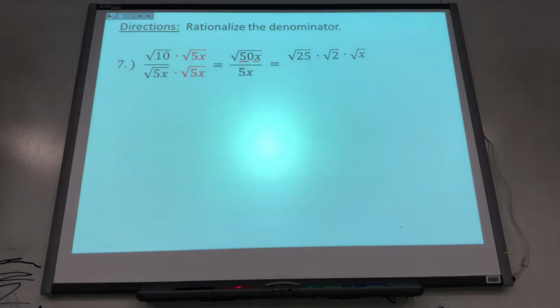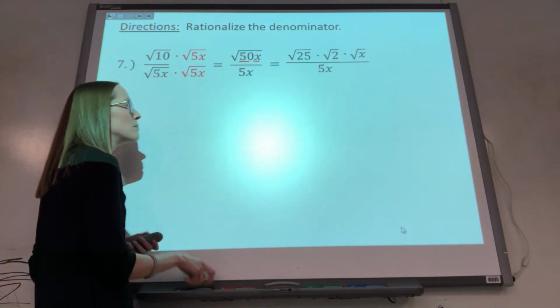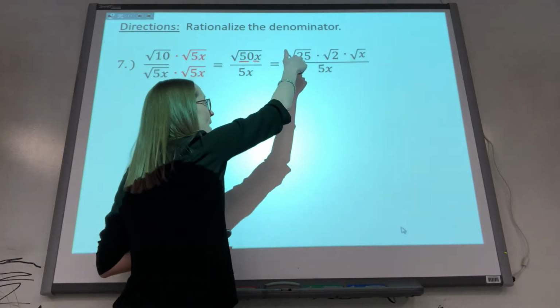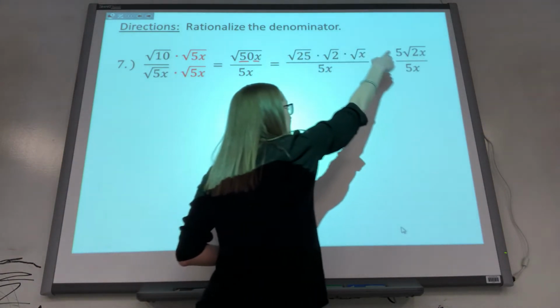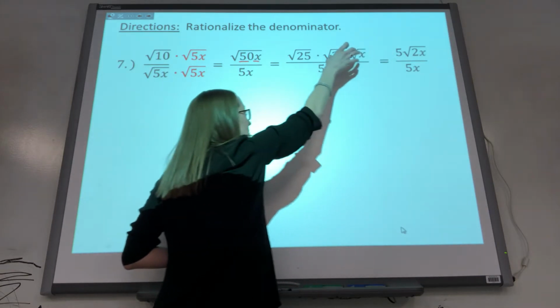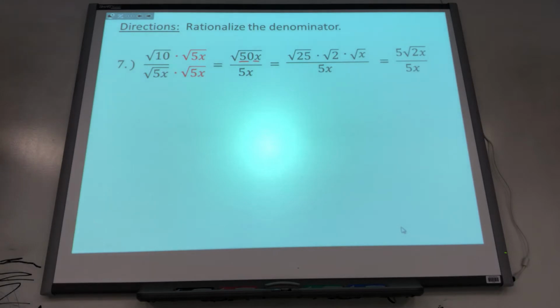You can't really break down the x any further. And 5x is still on bottom. So when I put all this back together, this turns into 5, and then 2x, those can just go together under the same square root.